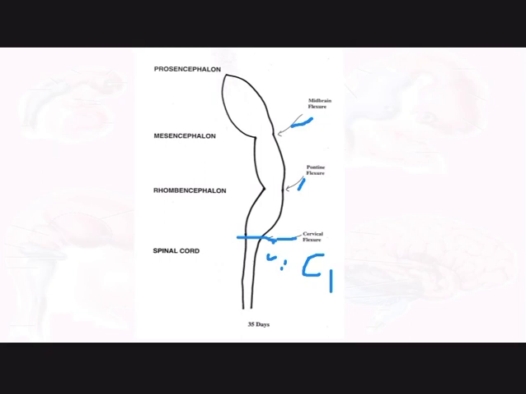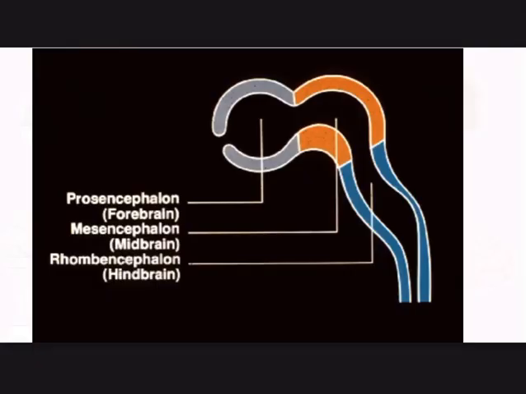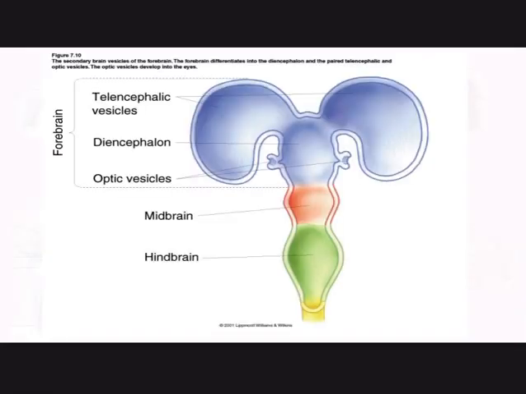So I have 2 sections here in the brain, and 1 section between the brain and the spinal cord. This is the front, this is the middle here, and here is the hindbrain, and here the spinal cord is cut. So it becomes 2 sections again.